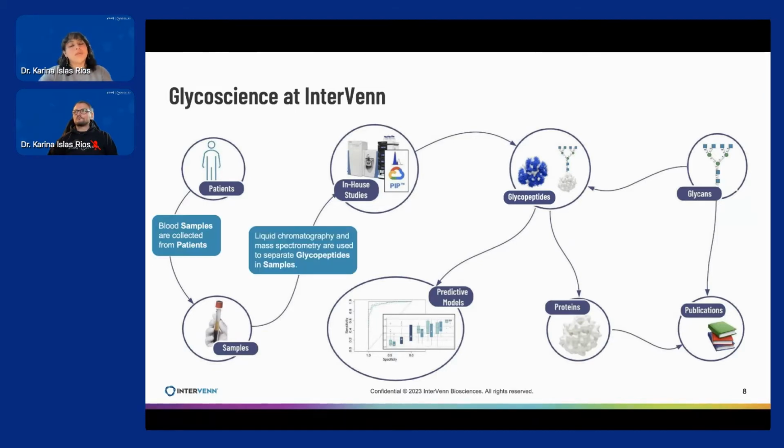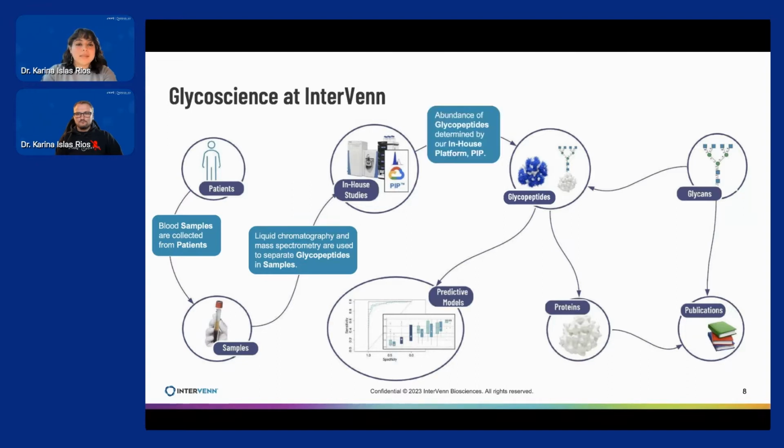And they go into methods that are liquid chromatography and mass spectrometry. And this is helping us to quantify the abundance of those glycopeptides. And by glycopeptides, I'm referring to the sugar or the saccharide attached to that site on the protein. So that's what we are quantifying.